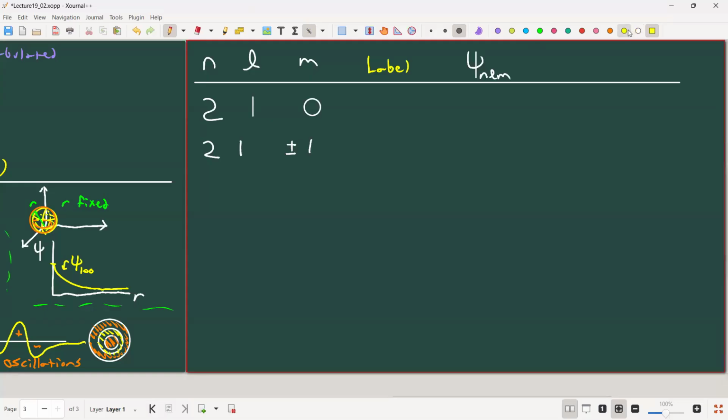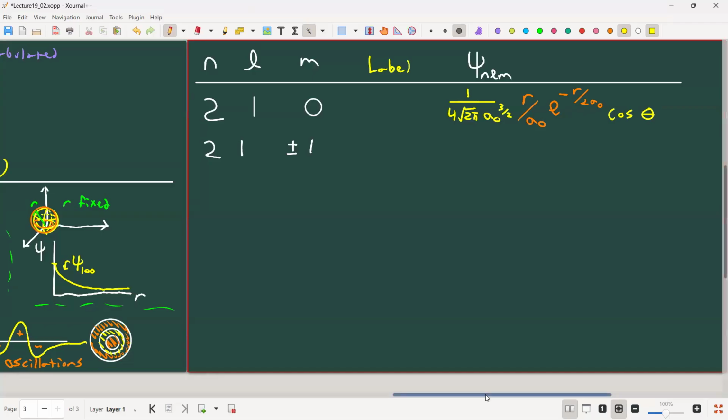All right, so for the 2, 1, 0, the wave function is 1 over 4 square root of 2 pi, a0 to the 3 halves, times r over a0, e to the minus r over 2 a0, times cosine of theta.